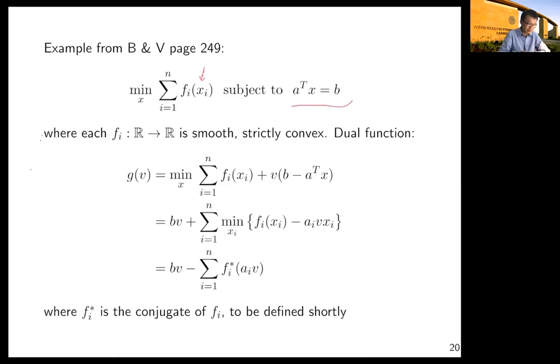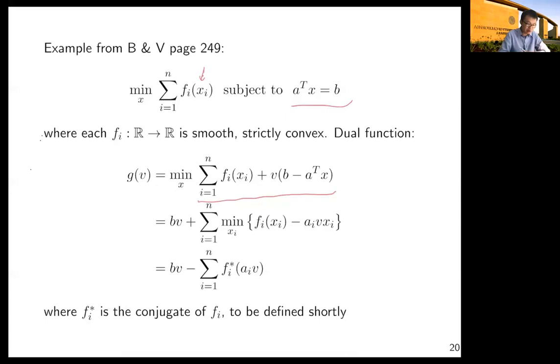Now let's construct the dual problem by first constructing the Lagrangian. Then we want to get rid of the variable x by minimizing it.